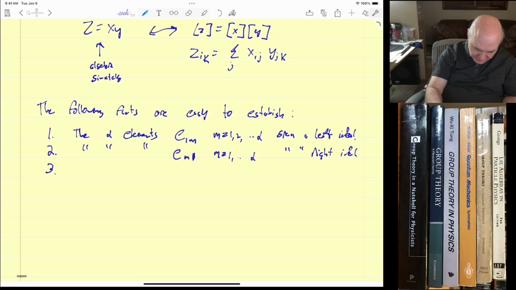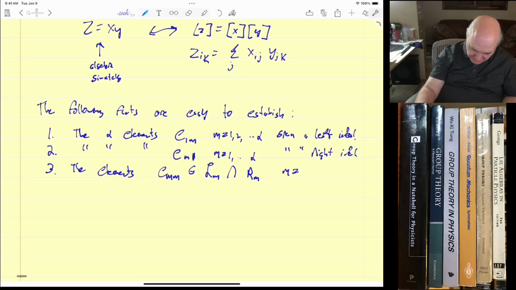More importantly, as a consequence of that, E_MM is going to be both a left ideal and a right ideal. So this is in L_M intersect R_M. Again, M equal 1, 2 all the way up to alpha is a primitive idempotent.